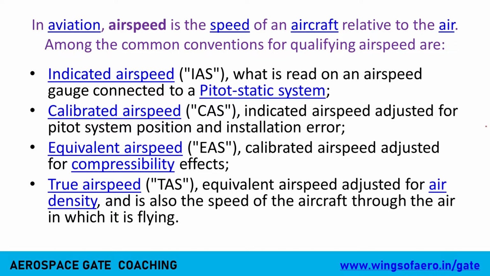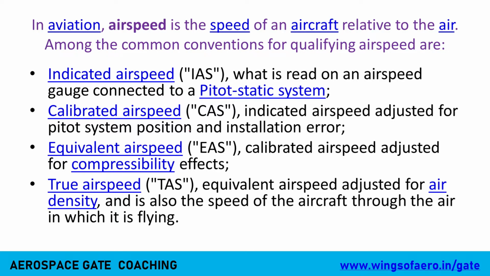So first we have indicated airspeed. What is its purpose? It is what is read on the airspeed gauge connected to the pitot-static system. We have one pitot-static tube, and whatever the readings are there, they will be read by the indicator.